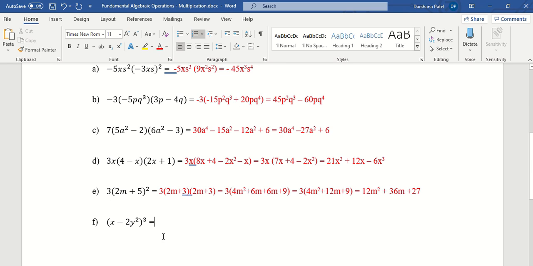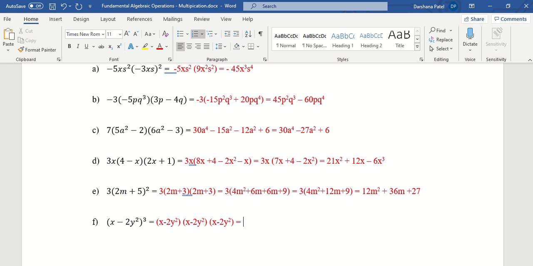Similarly, for this one, it's cubed, so we rewrite the same thing 3 times. We write it as (x minus 2y square) times (x minus 2y square) times another (x minus 2y square).